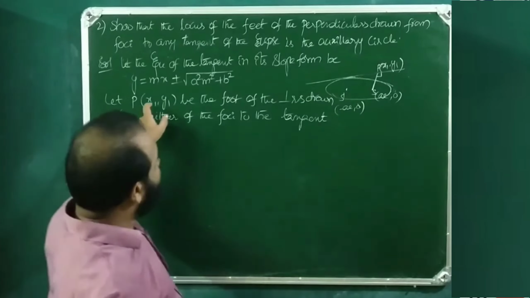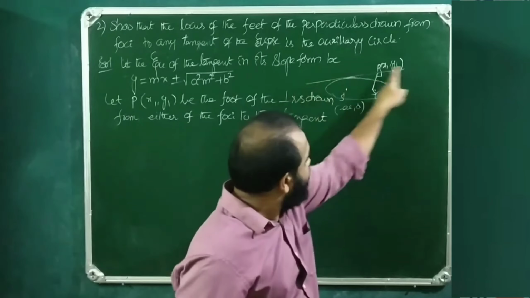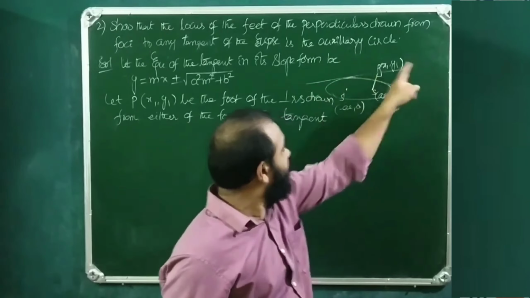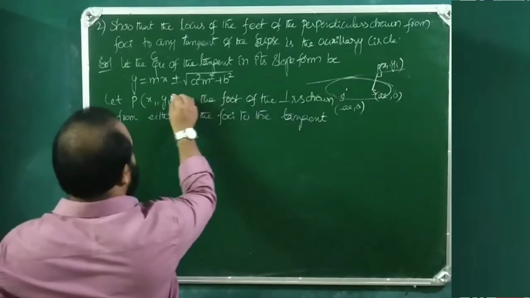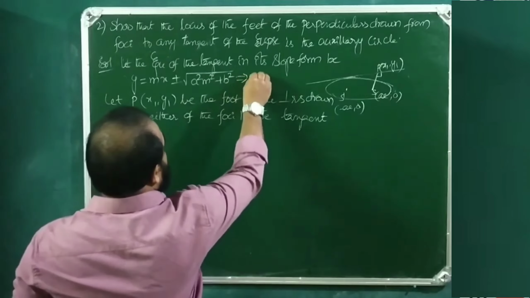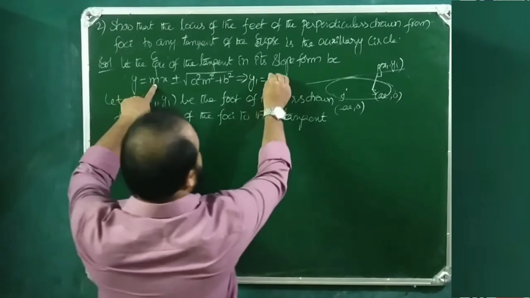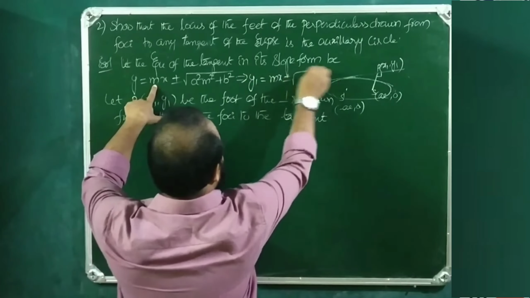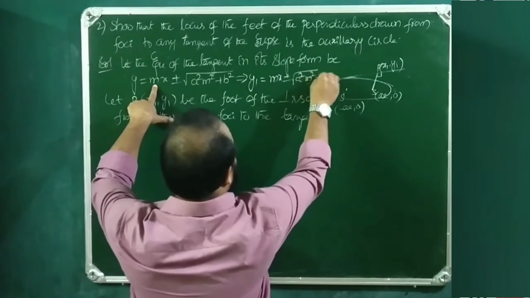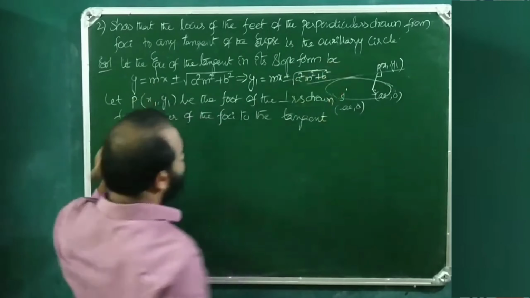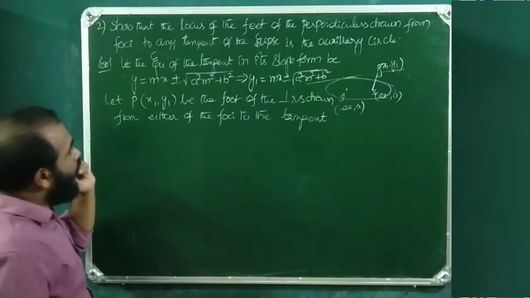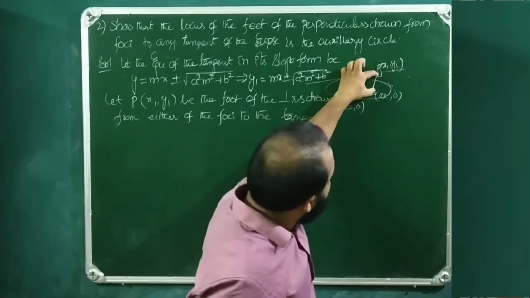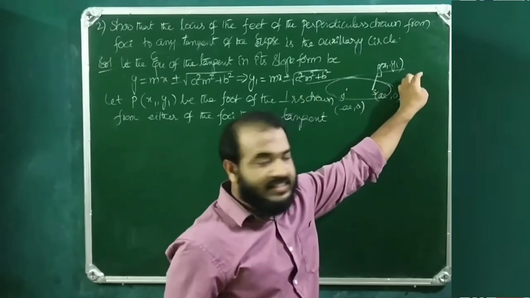Since this point P(x1, y1) lies on the tangent, y1 is equal to mx1 plus or minus the square root of a square m square plus b square. Now this line is perpendicular to this tangent.